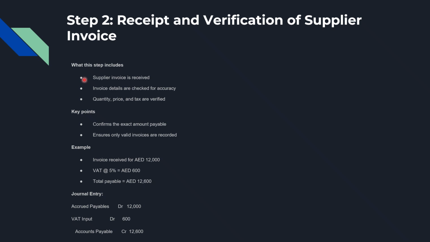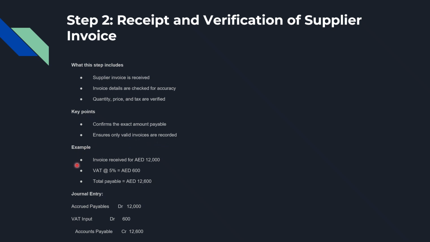So the next step occurs when the supplier invoice is received. The details on the invoice are checked to ensure accuracy, including quantities, price, and tax amounts. This process confirms the final amount that needs to be paid and ensures that only valid invoices are recorded.